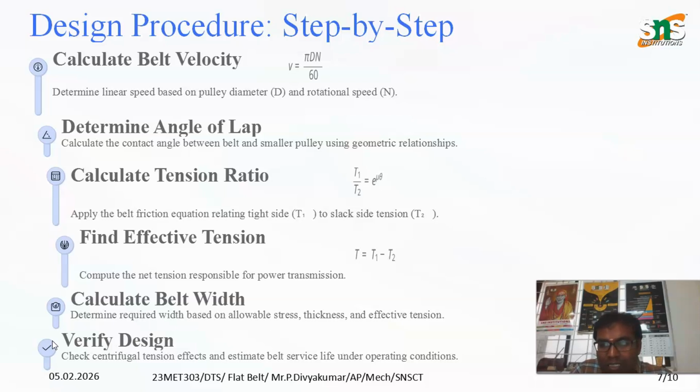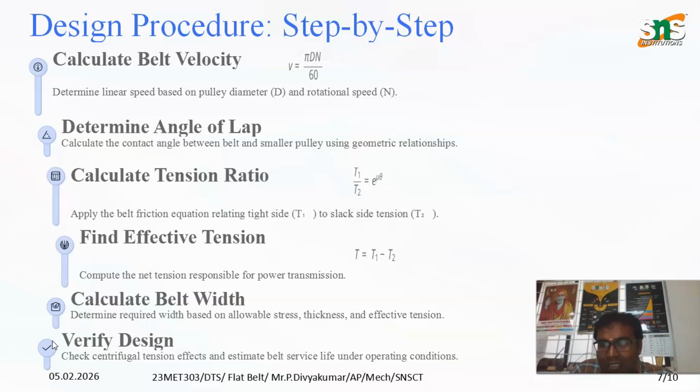Next, we need to determine the belt width. The formula is T equals sigma times B times t, where sigma is the allowable stress, B is the belt width, which we need to calculate, and t is the belt thickness. We also need to calculate the length of the belt.